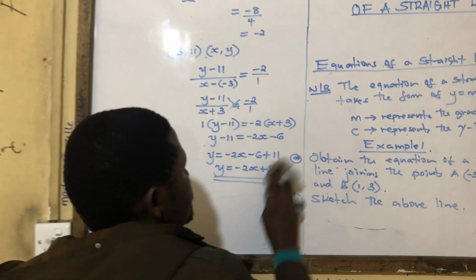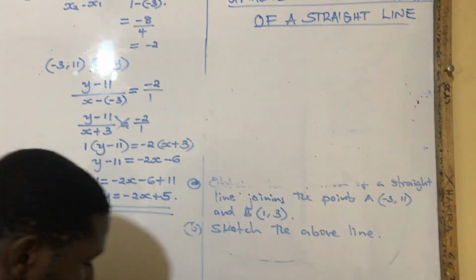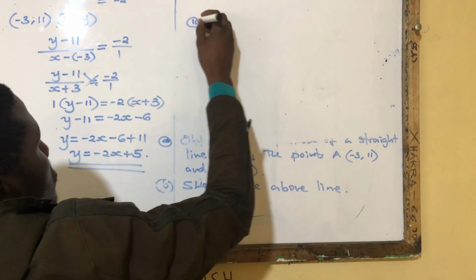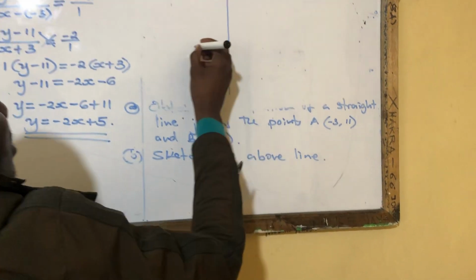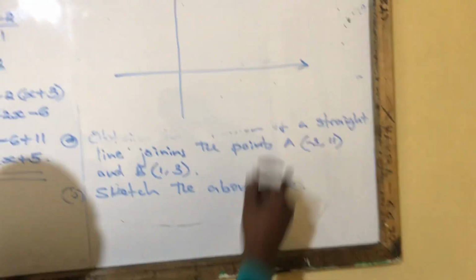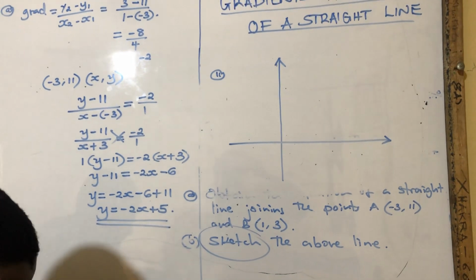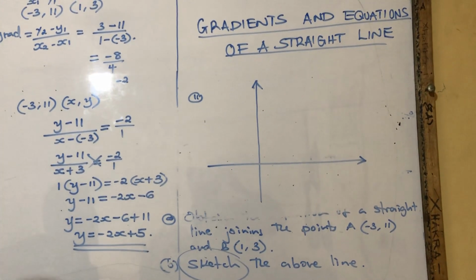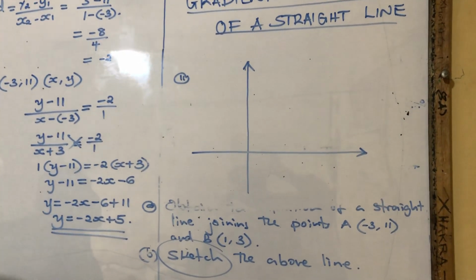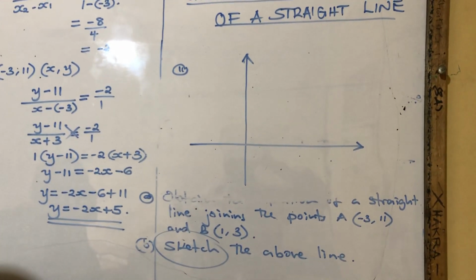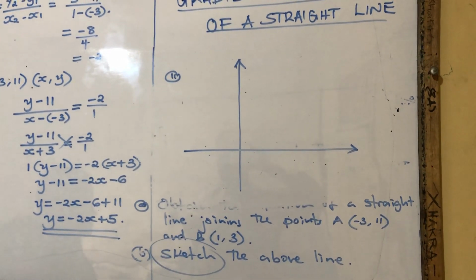Let's see. How do we sketch the line? Let's come up with the y-axis and the x-axis. Take note, the key word in this whole thing is sketch. In a sketch, the marker is always interested in the key information being factored into the diagram.